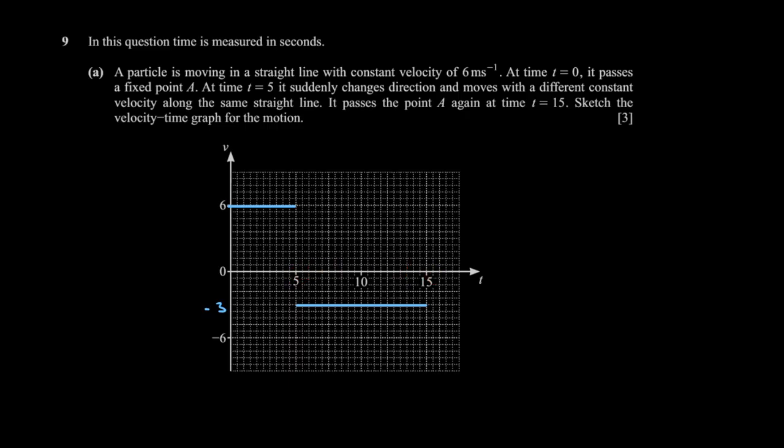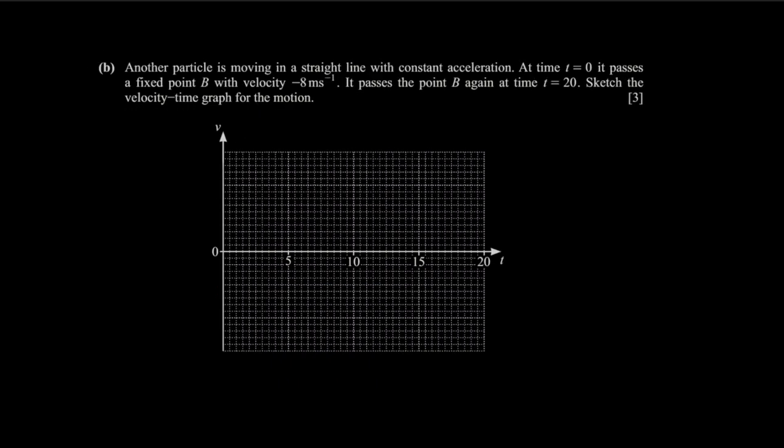And since displacement is the area underneath the velocity time graph, whatever that area is must be equal to this area here. So if this is 30, that must also be 30. And therefore, because it's a constant velocity, this must be negative 3, because negative 3 times 10 is equal to 30. Okay, so let's move on to part B then.